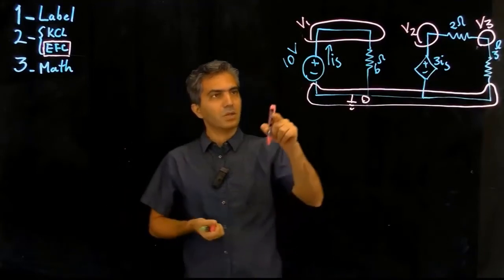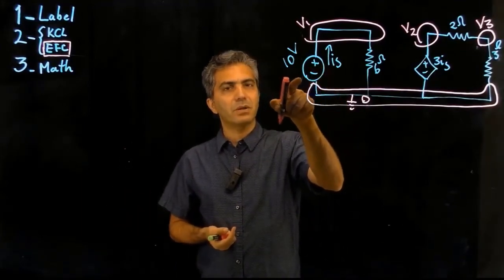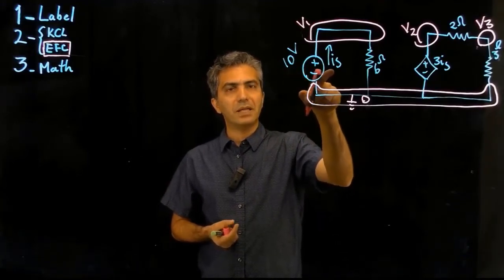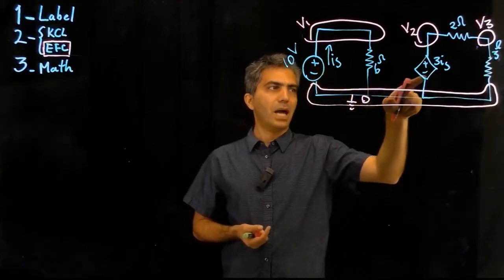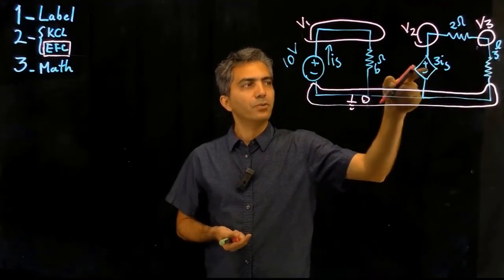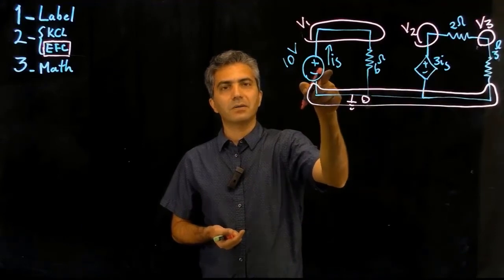Now, as you notice, on the circuit, the current that is passing through this component, the independent voltage source, is already labeled. The reason this is done is that we have a dependent source in the circuit where the voltage of that dependent source is a function of this current.